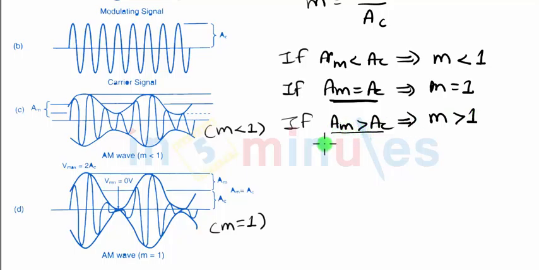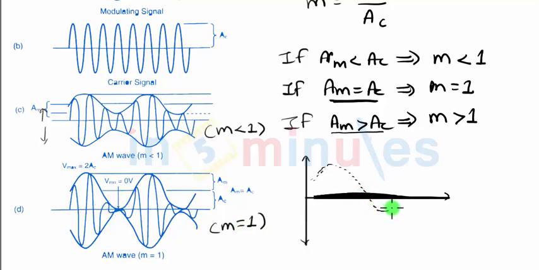In this third case, if you try to draw the modulated waveform, because m is greater than 1, you can see that when m was less than 1, the two envelopes were away from each other. When you start increasing m towards 1, the envelopes start coming towards each other, they touch each other. So it is very obvious that if m becomes greater than 1, the positive envelope will cross the x-axis and go to the negative side, and the negative envelope will cross the x-axis and go to the positive side.